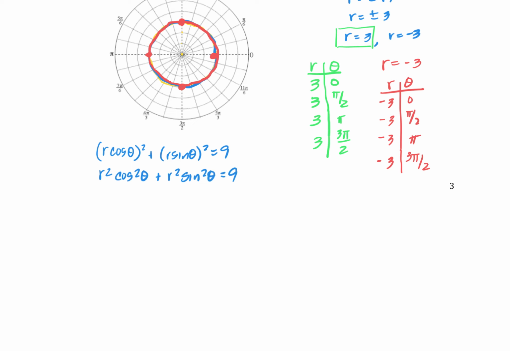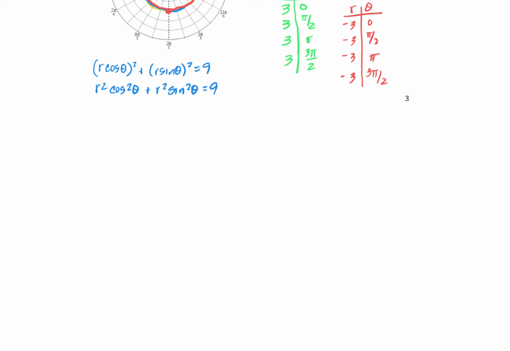It's just more work. And then you see if I factor out that common r squared, then in parentheses I'll have cosine squared theta plus sine squared theta equal to 9. But cosine squared plus sine squared, that's just 1.